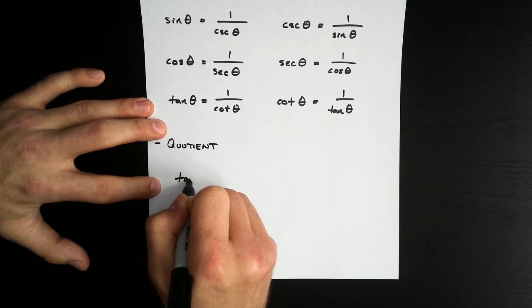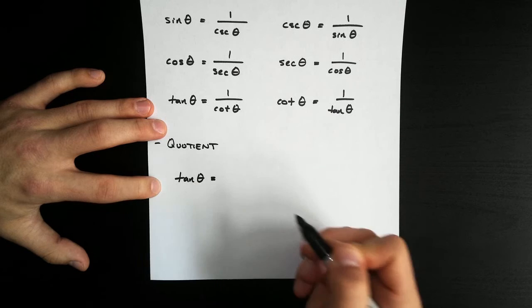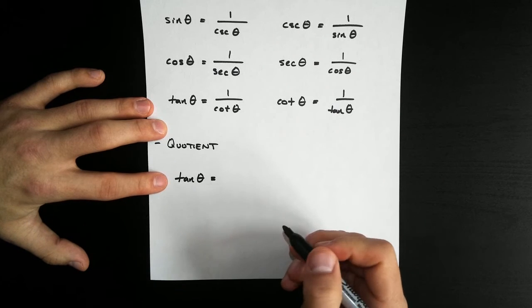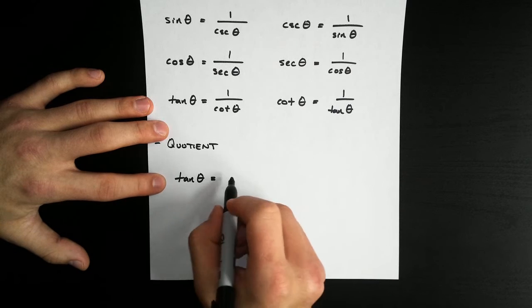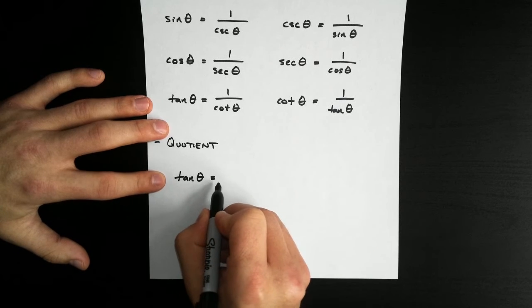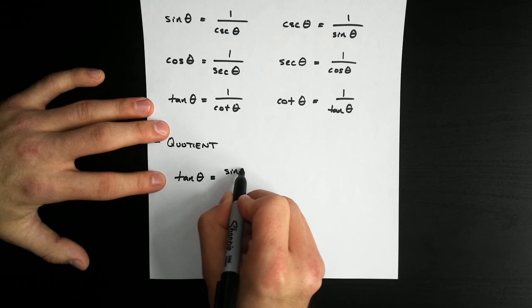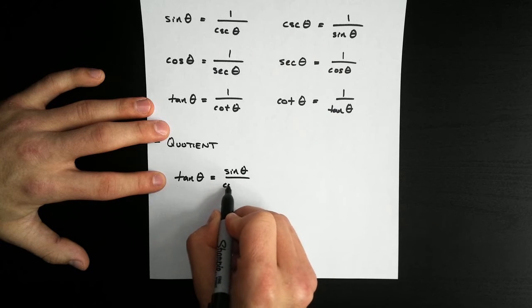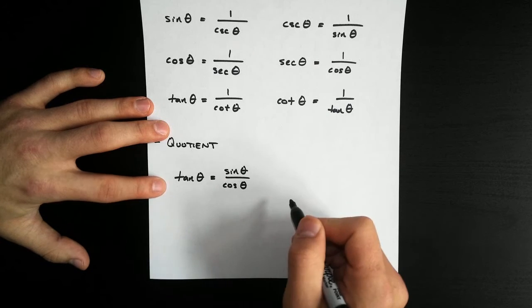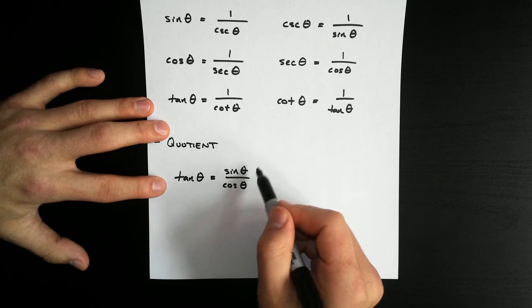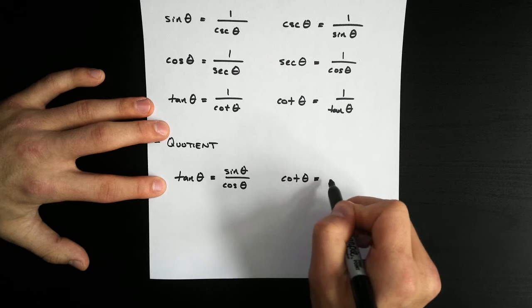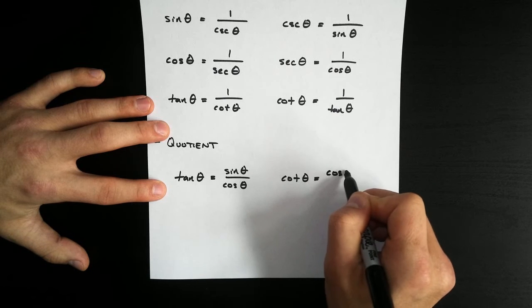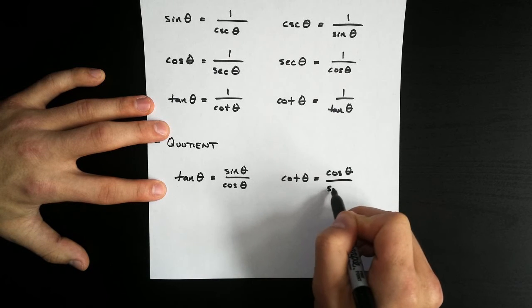So the tangent, when we're looking at the unit circle, we define this as the y value over the x value. So in terms of our trig functions, tangent is equal to sine of theta over cosine of theta. And then the reciprocal of that, if we flip the fraction, the cotangent of theta is equal to cosine divided by sine.